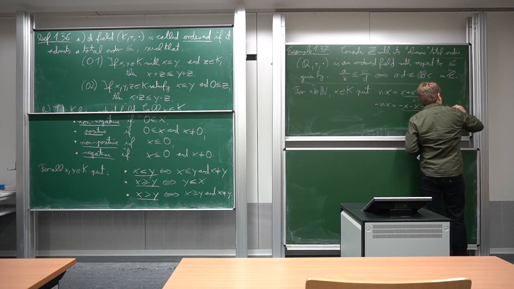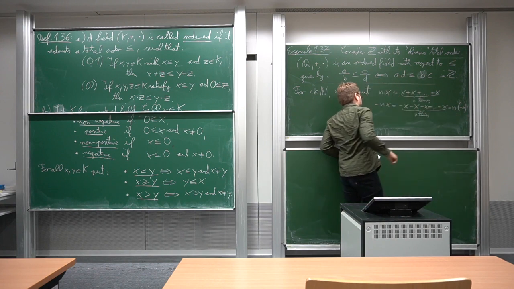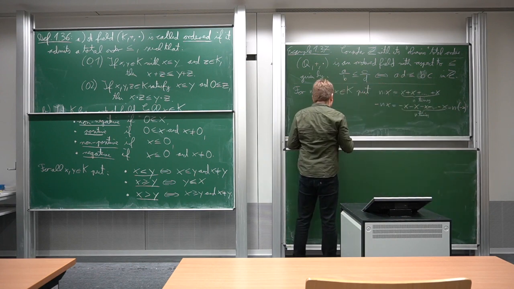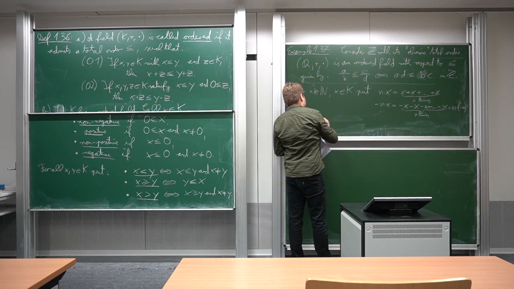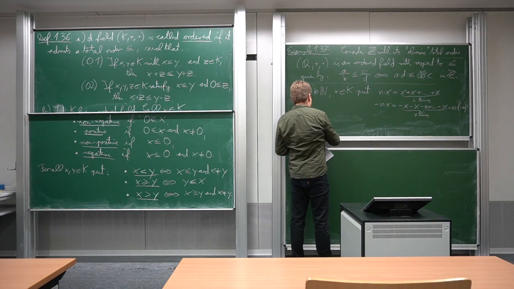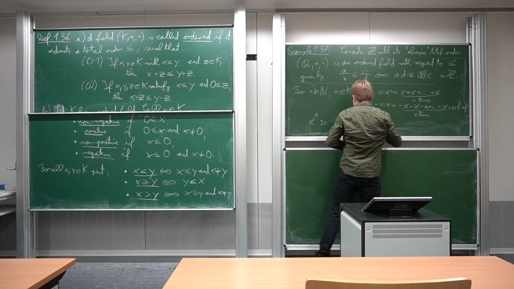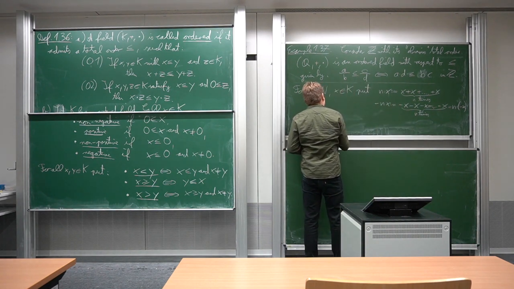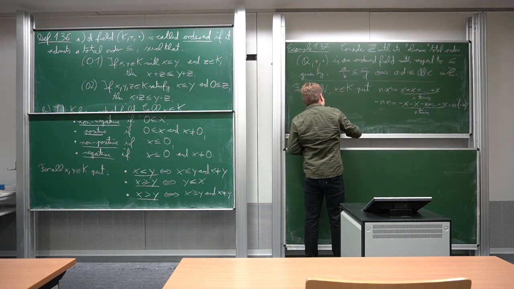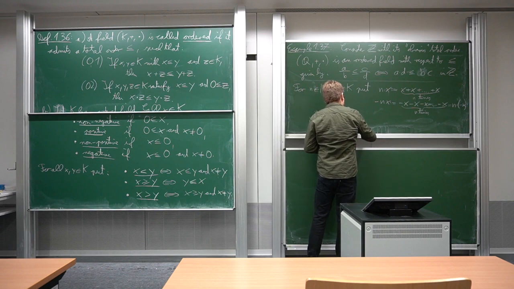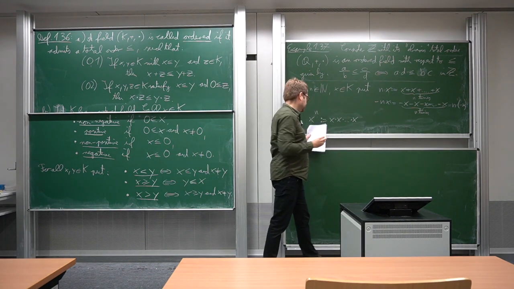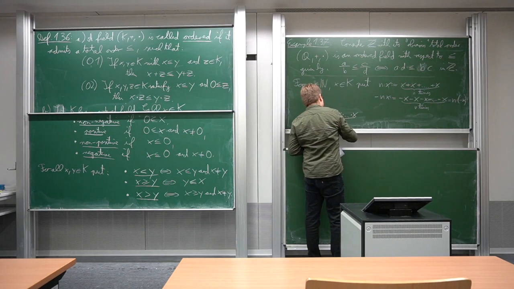Another way of writing this would be n times minus x, defined as in the line before. The same thing with multiplication. We define x to the n, so we introduce exponents here at this point. x to the n is defined by x times, and so on, times x, using the multiplication of the field, again n times.